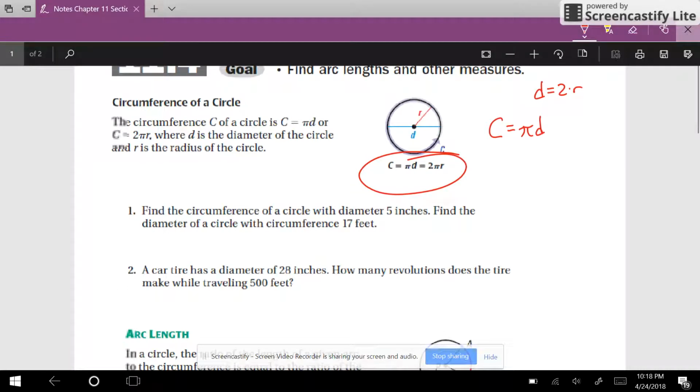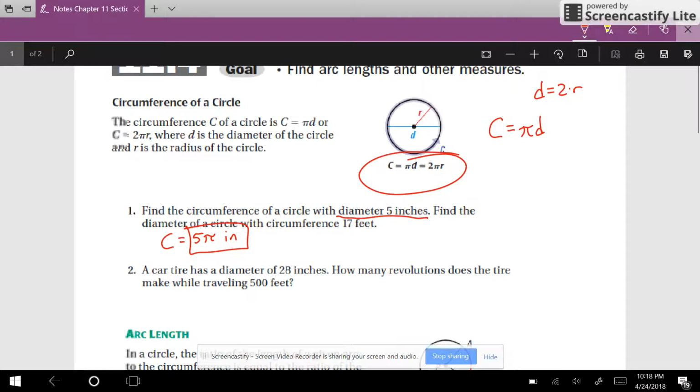So as we look at example 1 here, find the circumference of a circle with a diameter of 5 inches. So circumference is pi times diameter. I like to put the number first. So 5 times pi. You can actually express your answer that way. That would be an exact answer in terms of pi.